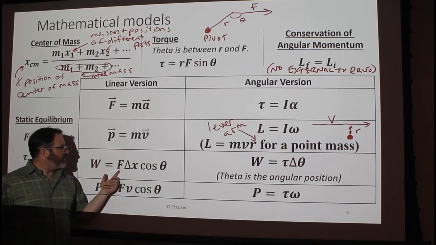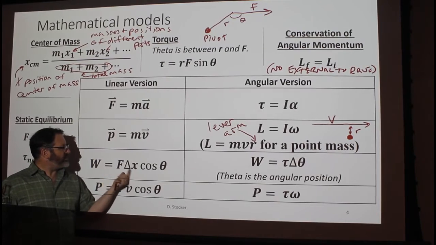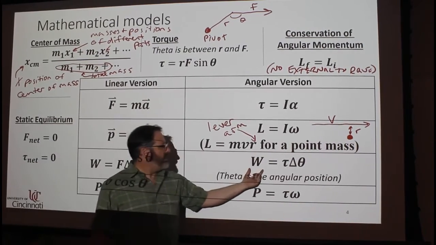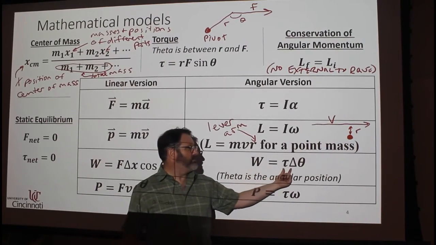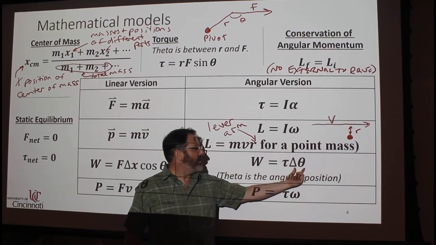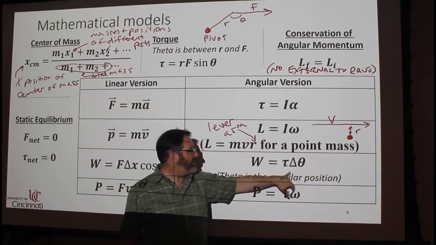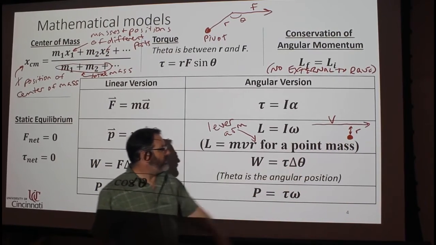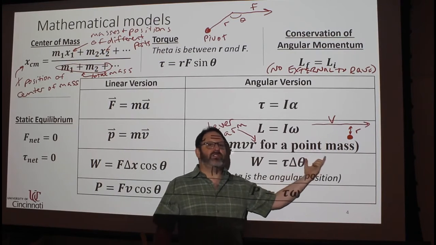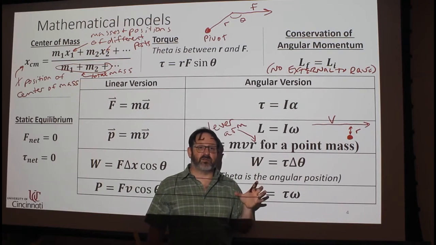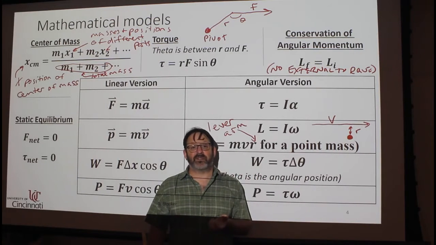For work, work is force times change in position times cos theta. Here, work is force changes to torque and position changes to angular position. So tau times delta theta. There's no additional cosine component here as long as you maintain two-dimensional rotation and don't try three-dimensional rotation.